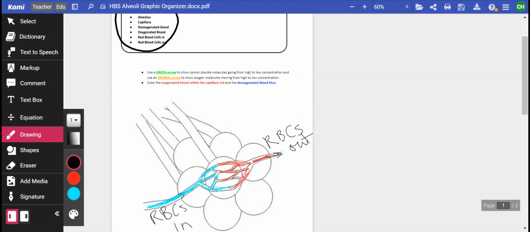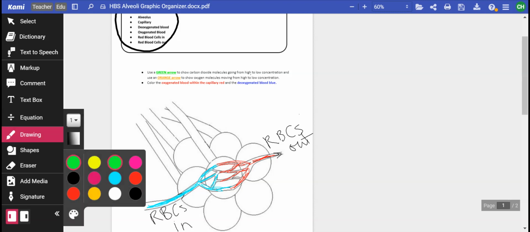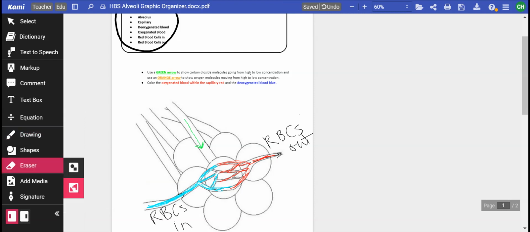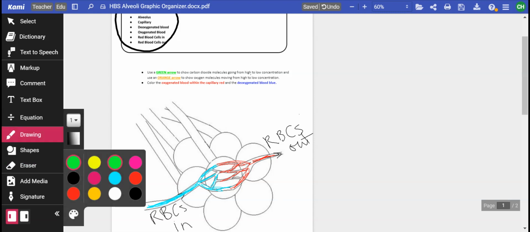So the first thing that I want to do is label the direction of oxygen. I feel like that's probably the easiest thing to label. So these tubes right here, remember, are the bronchioles. That's how we take air in. In these directions right here, it says that we need to use a green arrow. Oh, using the wrong one. We need to use an orange arrow, this is as orange as it's going to get, to show how oxygen molecules are moving from high to low concentration.